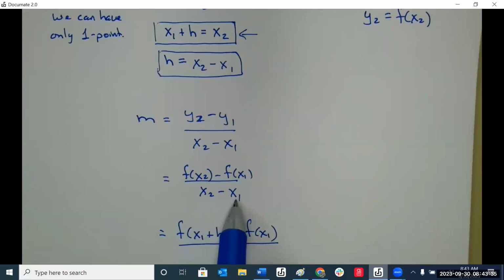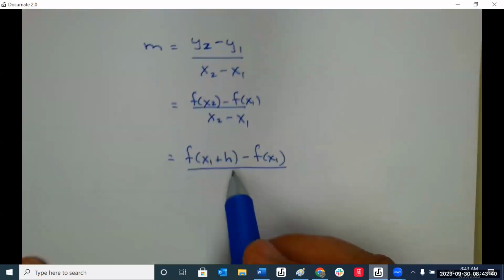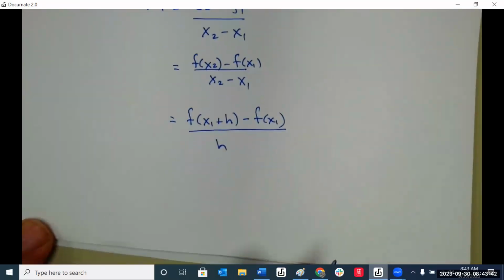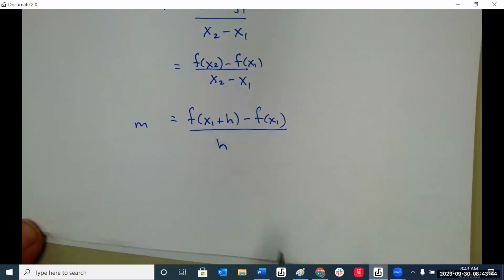And what does x2 minus x1 equal? Very good. It equals h. So there you have it. We only have 1 point, x1.